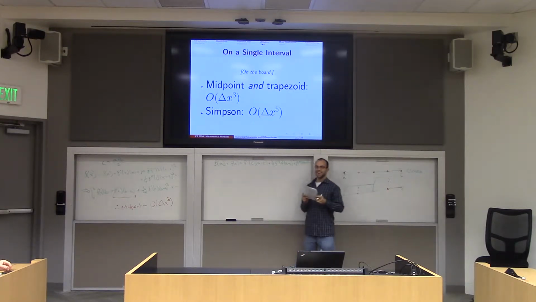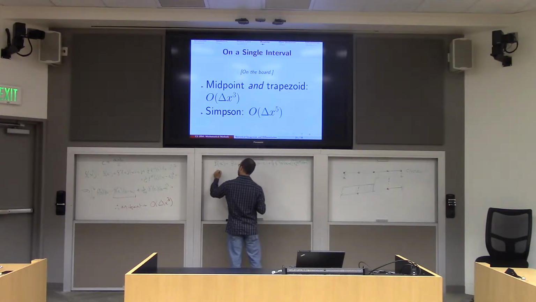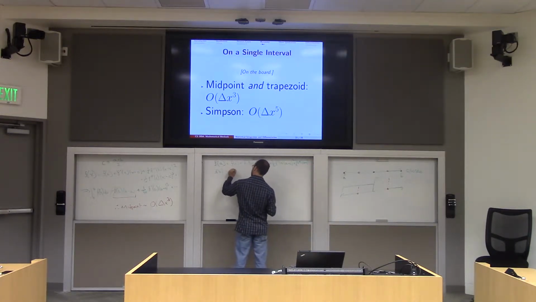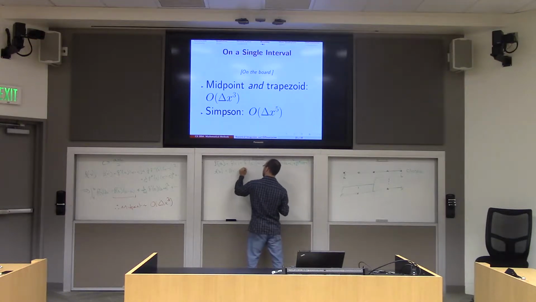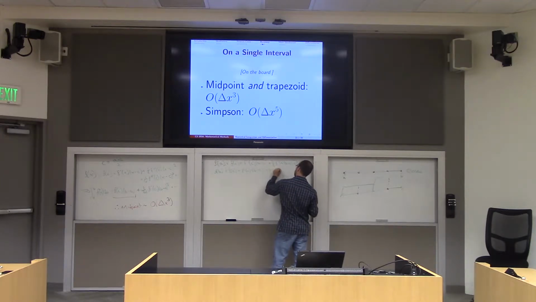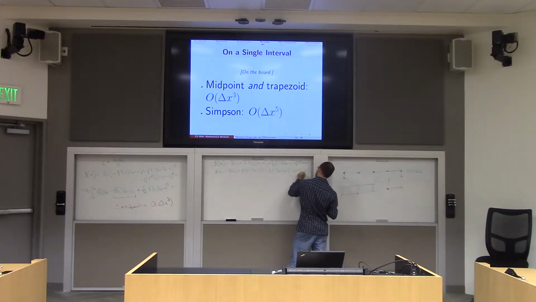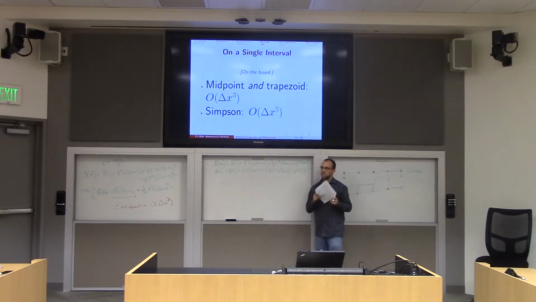Just barely fit it in there. And similarly, if we write f of b, we're going to get the same form with b's in it: b minus c, plus 1/2 f prime prime of c times b minus c squared, plus 1/6 f triple prime of c times b minus c cubed, plus other stuff. These proofs are really annoying to type up in LaTeX, by the way.